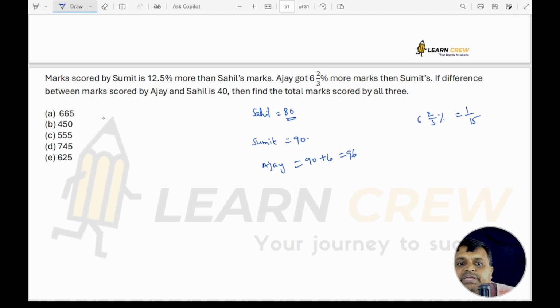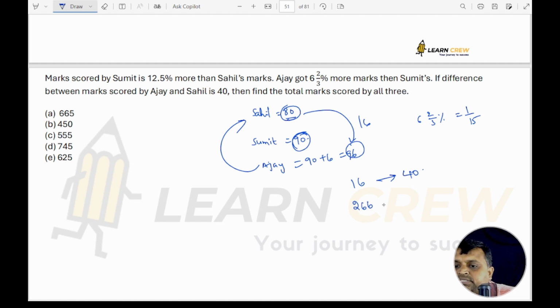If the difference between the marks scored by Ajay and Sahil is 40, but here what is the difference? 96 minus 80, the difference is 16. This 16 is given as 40. Then the sum of the marks: 80 plus 90 is 170, 170 plus 96 is 266.